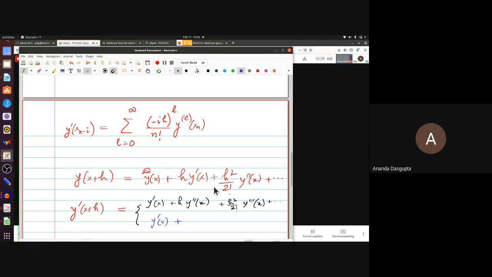They differentiate this with respect to h. Then I had an h cube by 3 factorial, differentiate that with respect to h. Are both of them equally correct? In fact, are both of them the same thing?